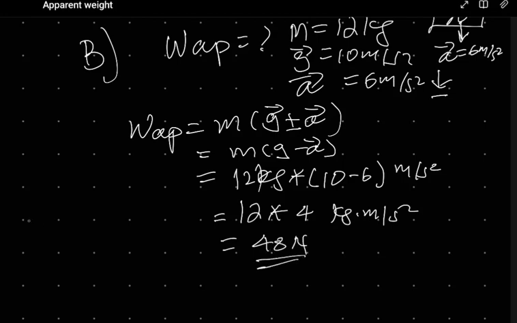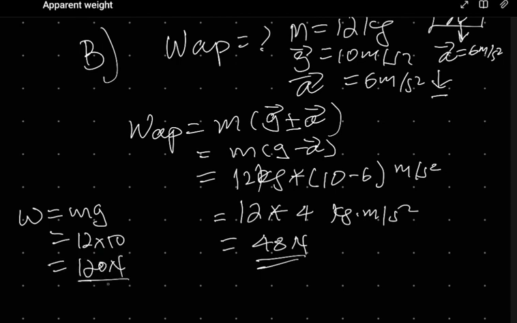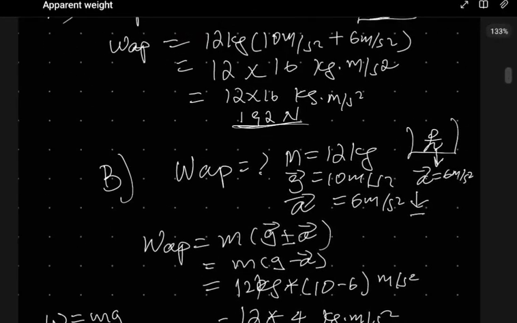The weight is mass times gravity in air or in a non-accelerating system. That's the true weight, 12 times 10, which is 120 Newtons. But if the mass is in a vertically accelerating system and the acceleration is upward, the weight of that object goes from 120 to 192, meaning as you accelerate upward away from the earth, your weight is increasing.